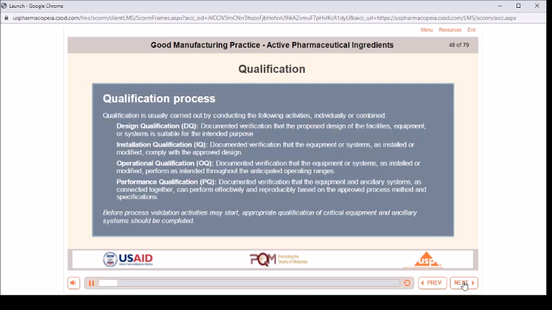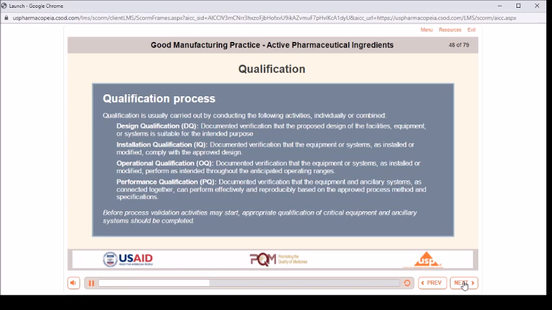Qualification process. Qualification is usually carried out by conducting the following activities individually or combined. Design qualification, DQ. Documented verification that the proposed design of the facilities, equipment, or systems is suitable for the intended purpose. Installation qualification, IQ.